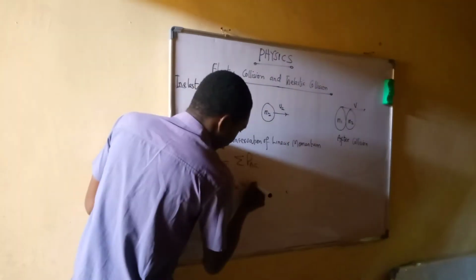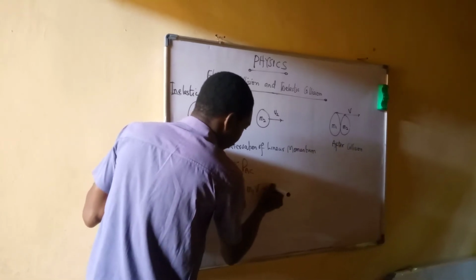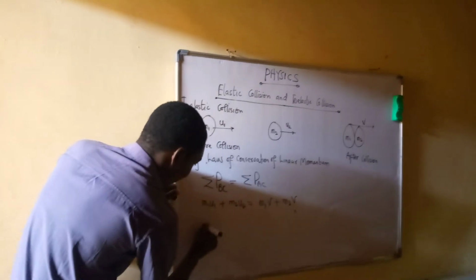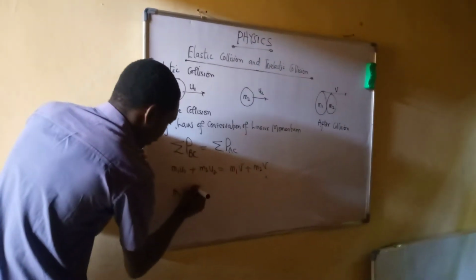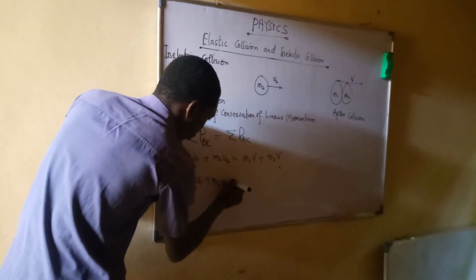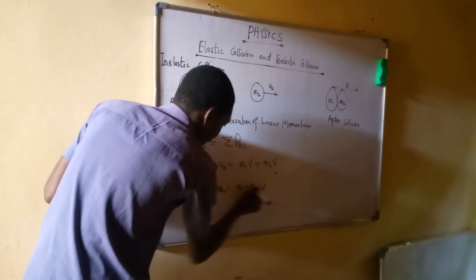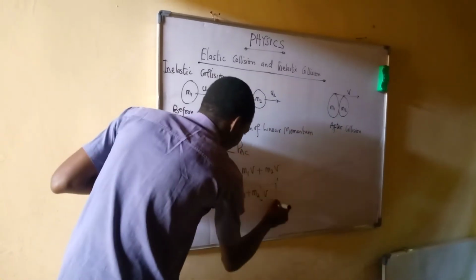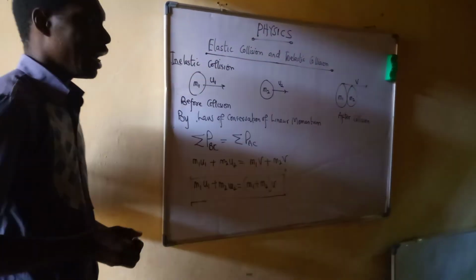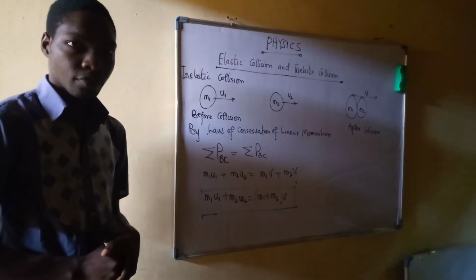And after, you're going to have m1 times v plus m2 times v. Because v is the same, you can now say m1 u1 plus m2 u2 equals m1 plus m2 multiplied by v. This is the expression or the equation for the linear momentum in inelastic collision.